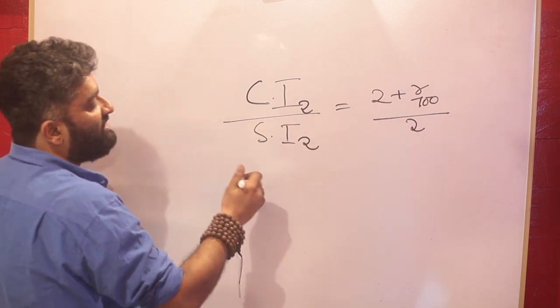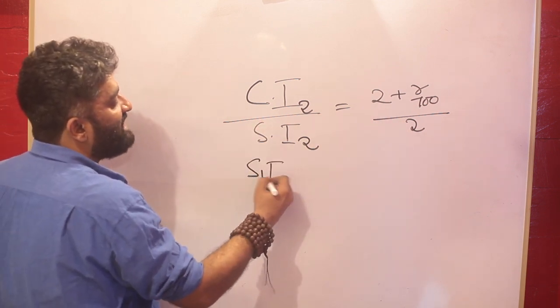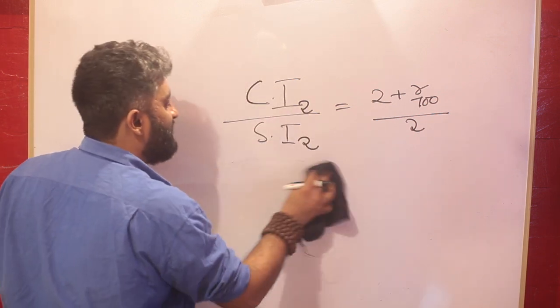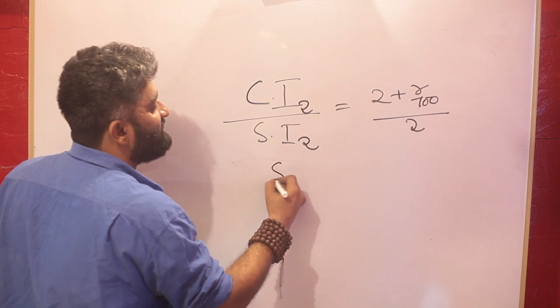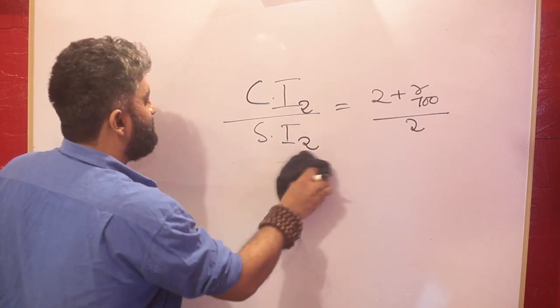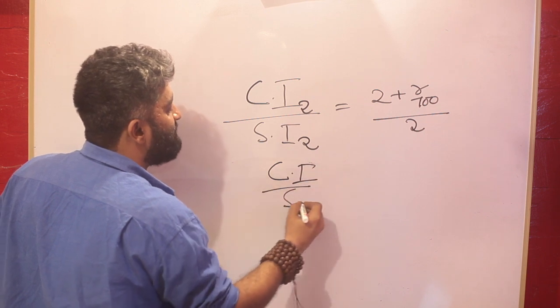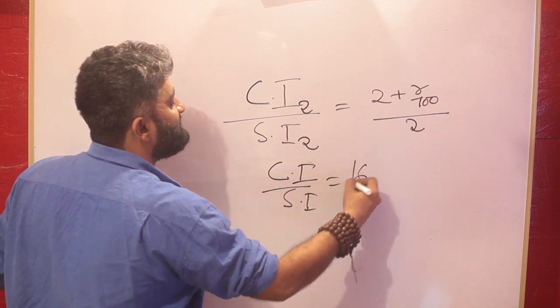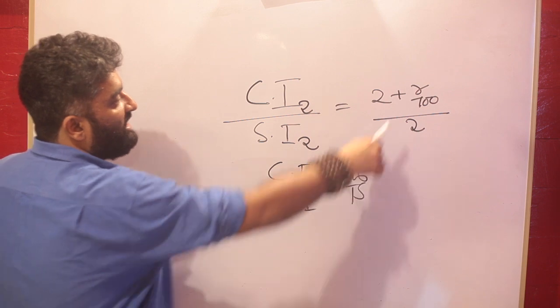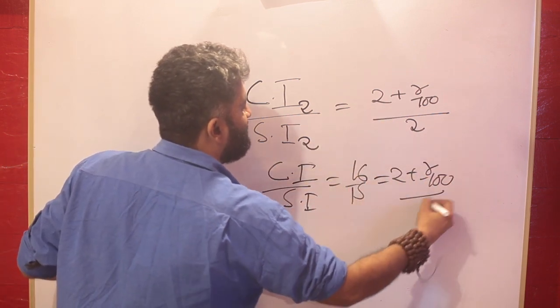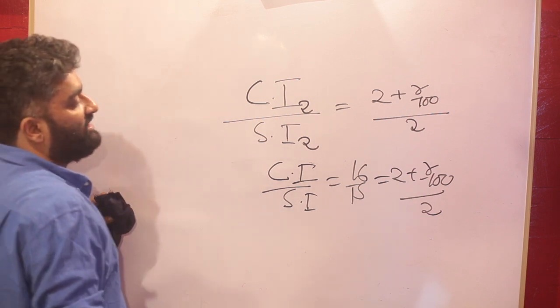So if you try the previous question where it was given that CI upon SI is equal to 16 by 15, if I just equate it to this formula, also I will get the answer, right?